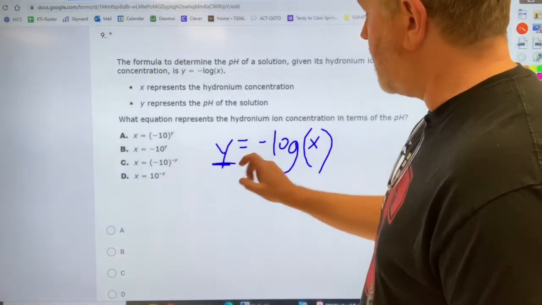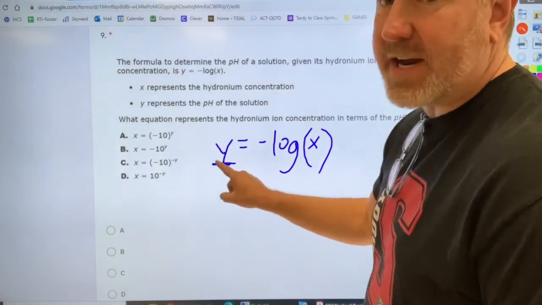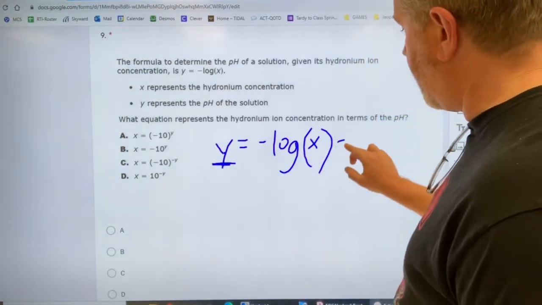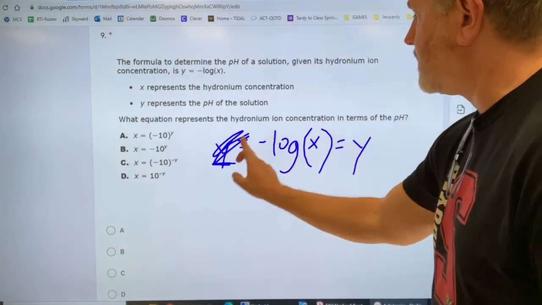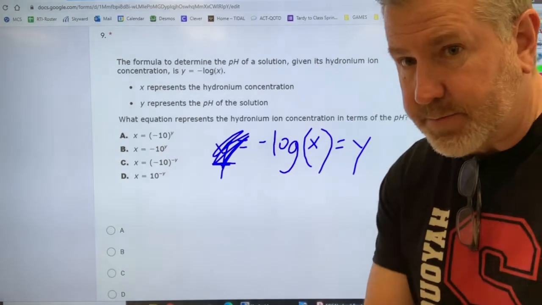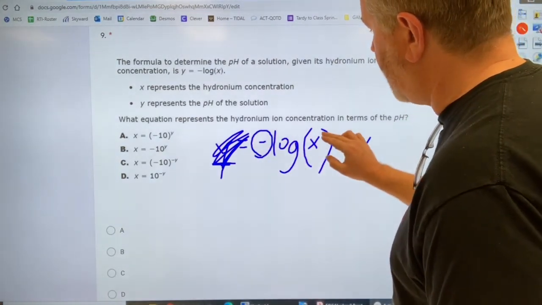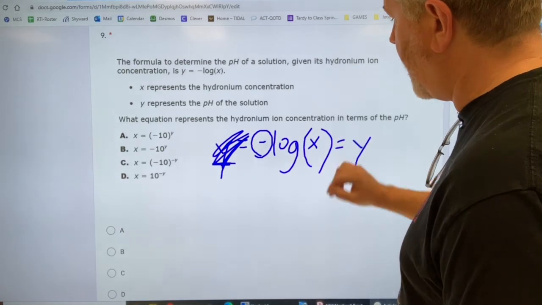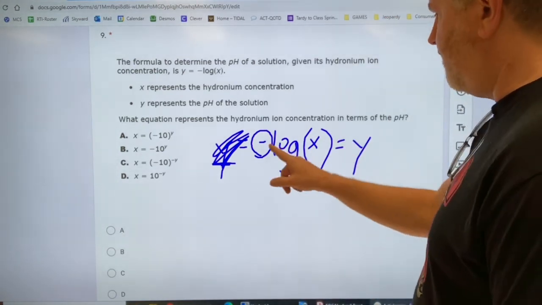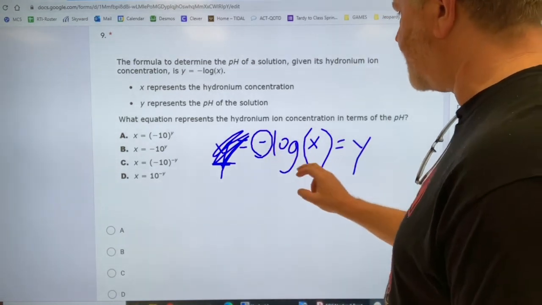So that's what we're going to do. Remember, the answer to a log, which is actually on the left side, we could move it over here if we wanted to. The answer to a log is always the exponent. And anything in front of the log could be turned into an exponent if we wanted to. But let's work with it the way it is.